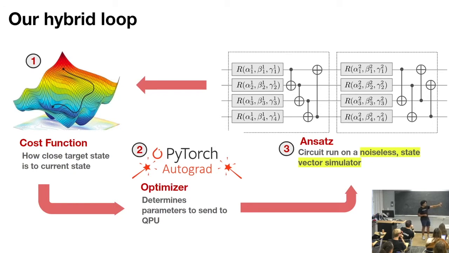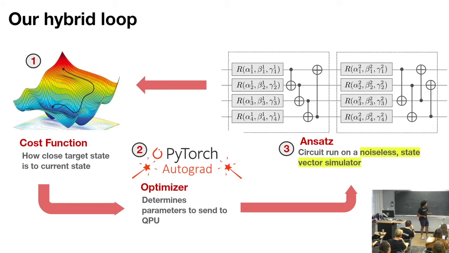The circuit output then gets fed back to the cost function to compute a new cost to feed into the optimizer, and we repeat this process until our circuit approximates the state we want to get to at a very high fidelity. So these are states that are currently challenging to have exact solutions to, but we're able to approximate and run on these computers.